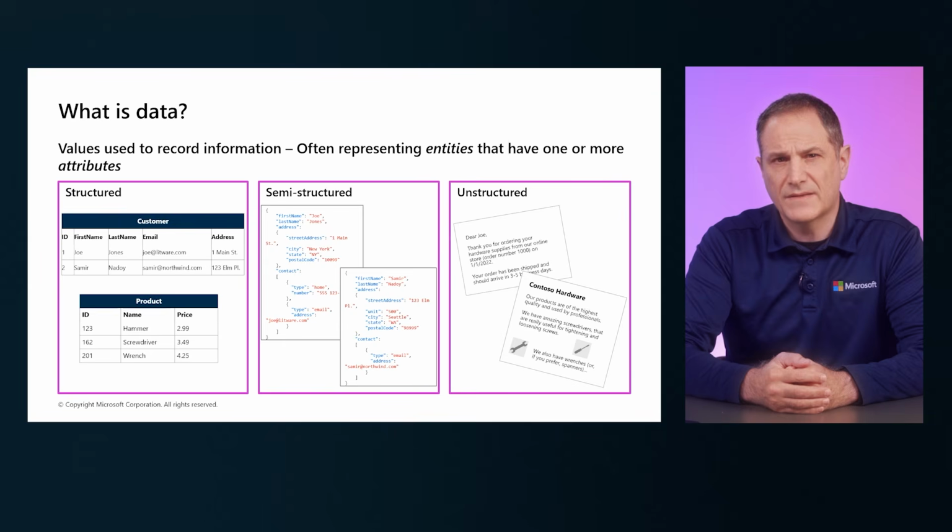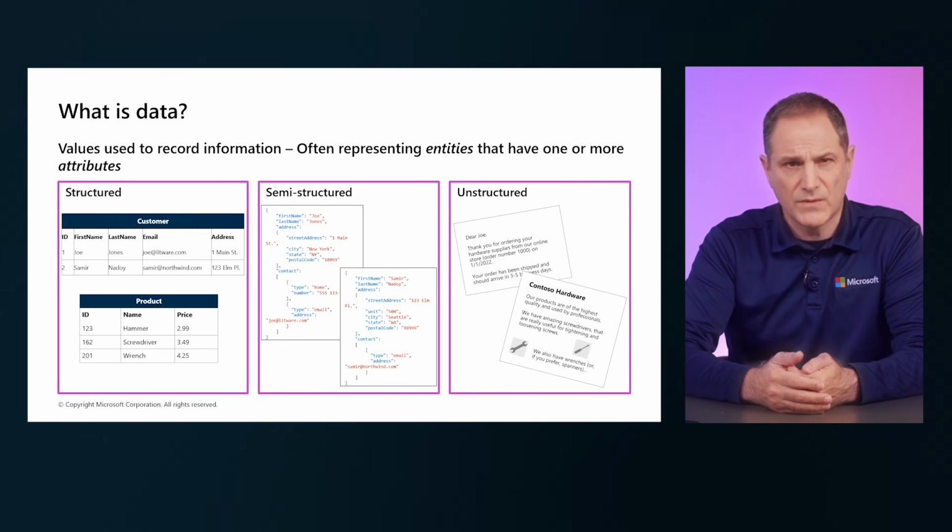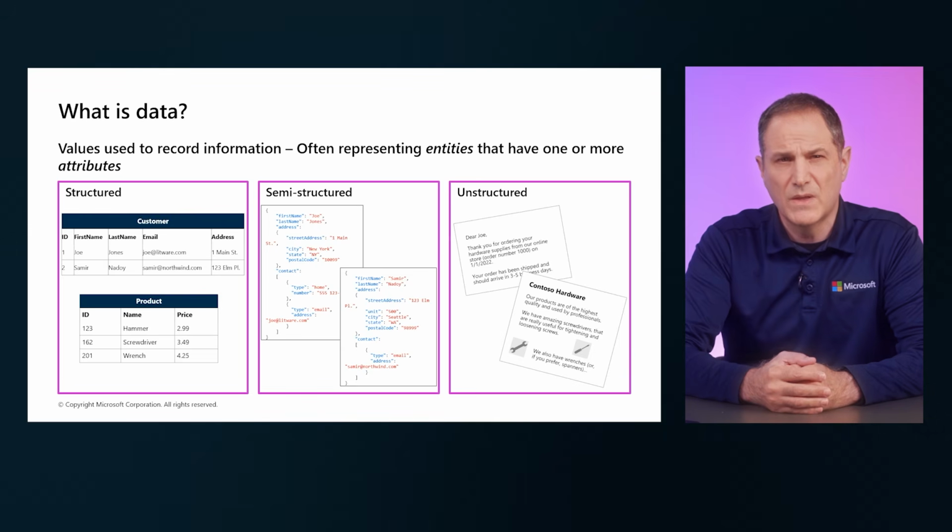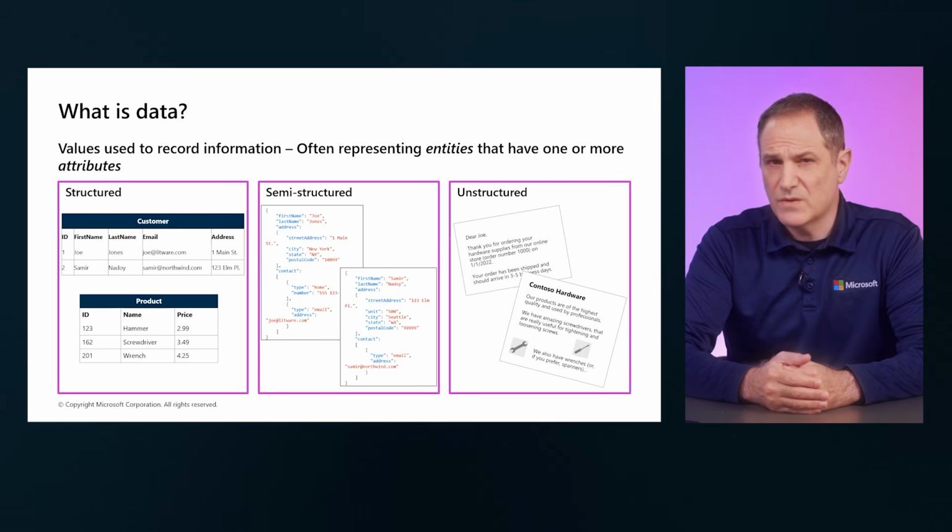Semi-structured data has organization, but it allows variation between records. Data is commonly stored as name-value pairs, which means not every record is required to include the same attributes. For example, JavaScript Object Notation, JSON for short, documents that store customer information might include different fields depending on what data is available.